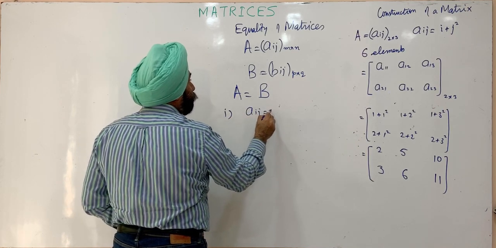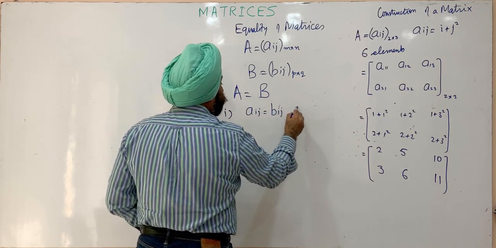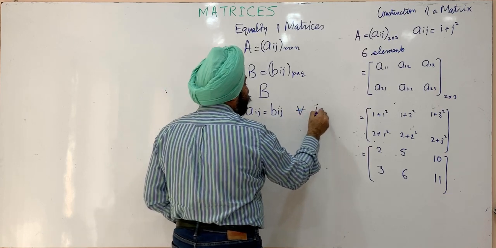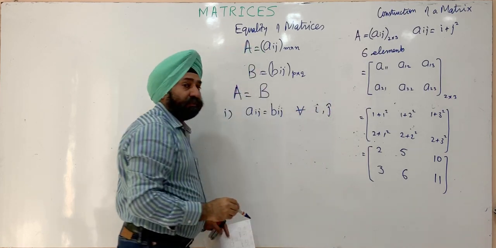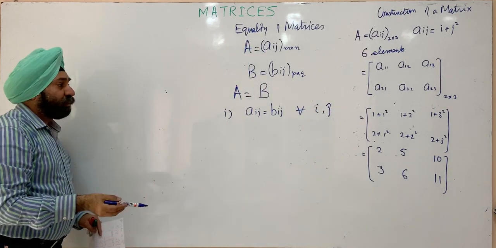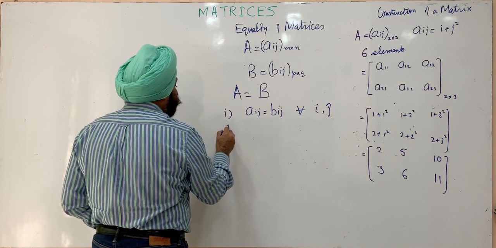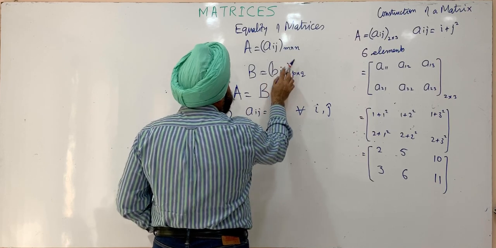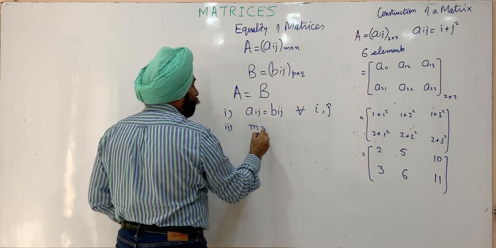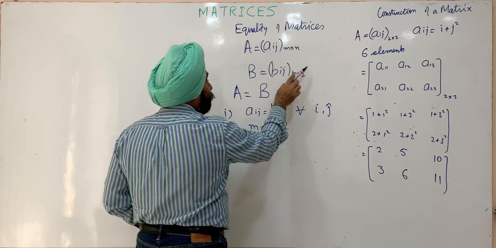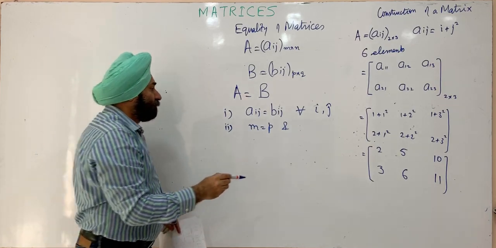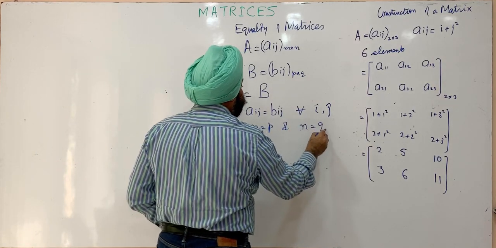Aij is equal to Bij for every i, j. That means the corresponding elements are equal. And 2. m is equal to p and n is equal to q.